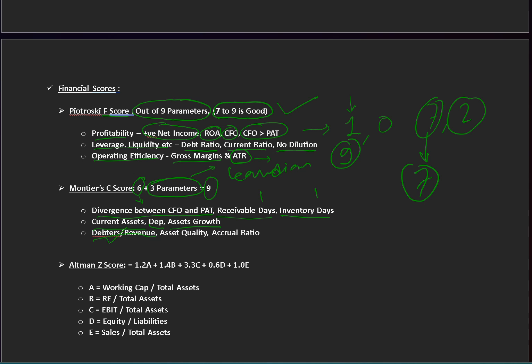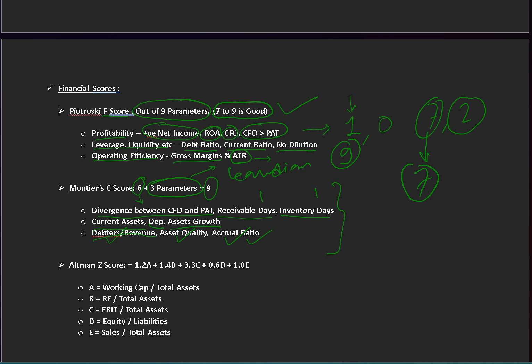Asset quality, whether the asset quality is improving or decreasing, and accrual ratio. Total accrual is calculated as change in working capital other than cash, less the depreciation. That is called the accrual ratio. So now in this, it is the reverse.